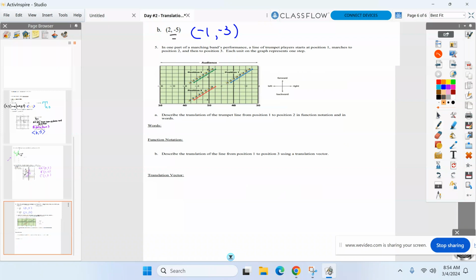All right, what do we think here? In your own words, how do I get position 1 to line up directly onto position 2?